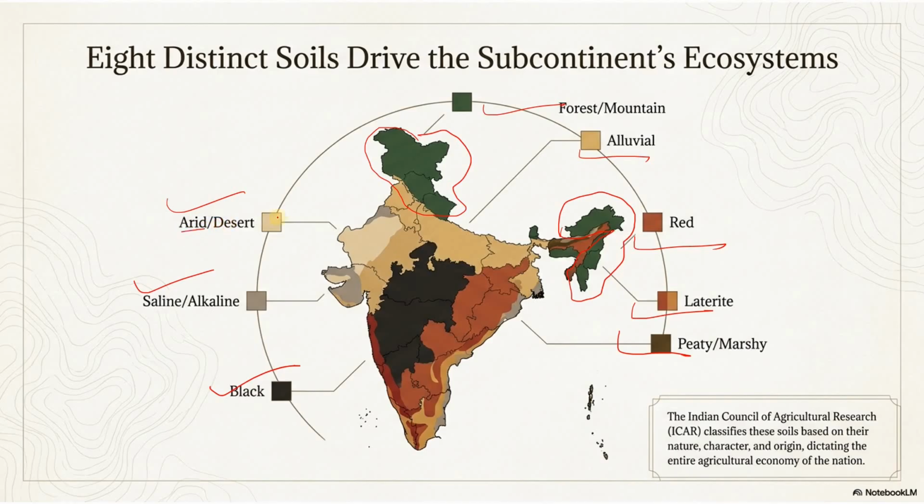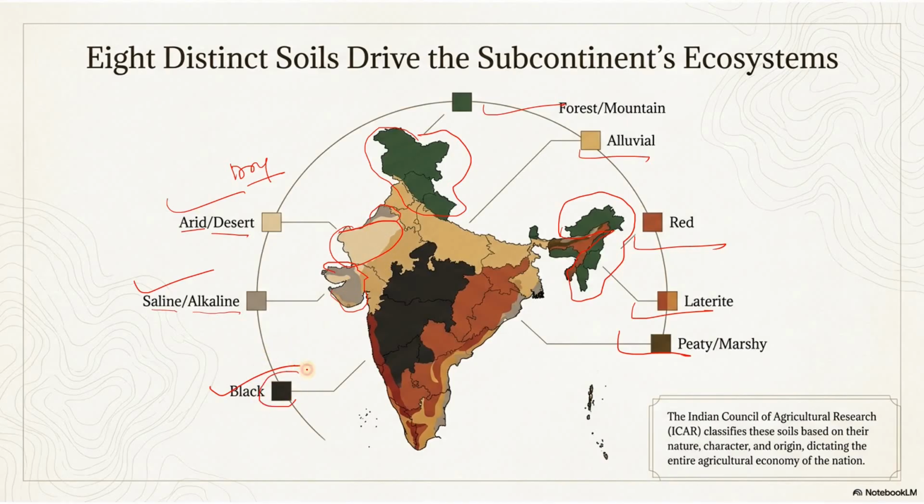Arid, all of us know the meaning of arid is dryness, where the climate is dry, such as the desert areas, the Thar desert. This has the arid kind of soil. And the saline or alkaline soils are found around Gujarat and parts of Rajasthan and Punjab.